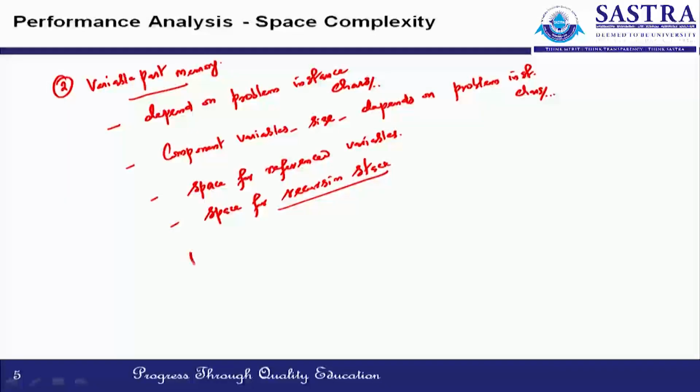In general, assume P is an algorithm. S of P defines the space requirement of an algorithm. The space requirement of an algorithm, S of P, is equal to the fixed part memory plus the variable part memory.